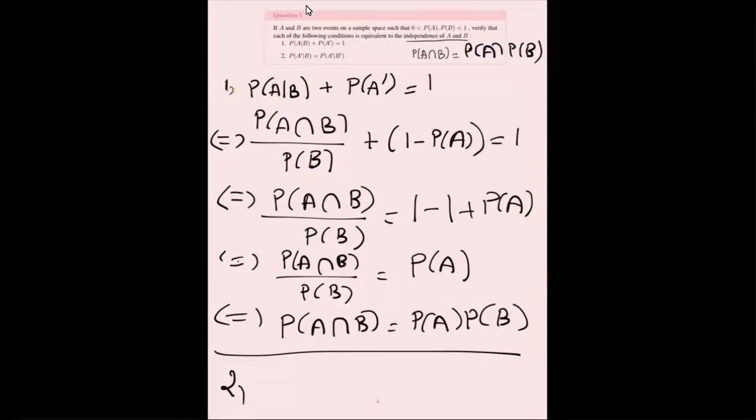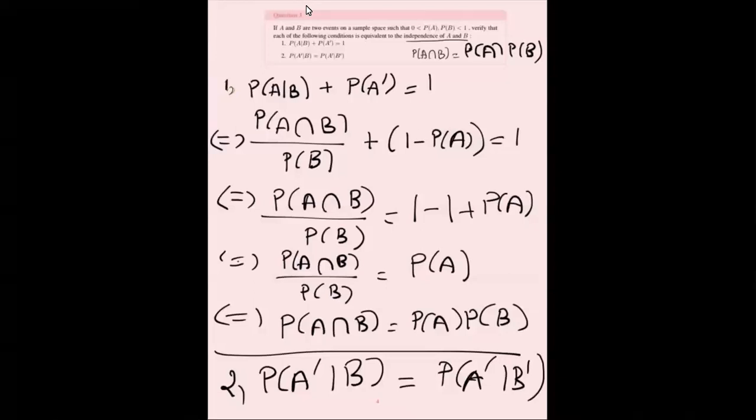The second one, probability of A complement given B is equal to probability of A complement given B complement. Intuitively, this should make sense to you. Why are they equal to each other?